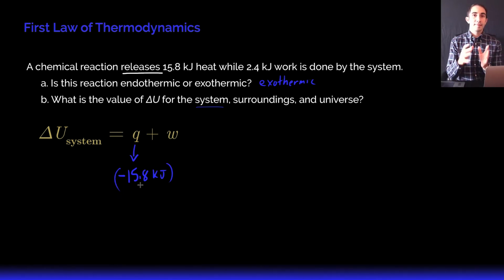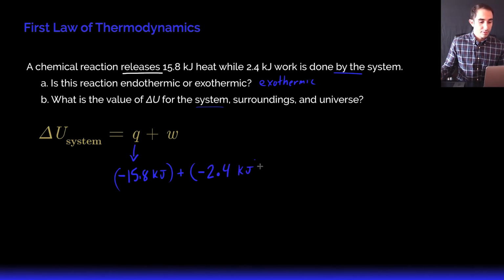And then we can do that same idea for work. Remember, work done on the system is positive, work done by the system is negative. So we're going to add the work term, but we need to know that work is done by the system. So the work value is going to be negative 2.4 kilojoules. And this is important because it will absolutely change the value that you get.